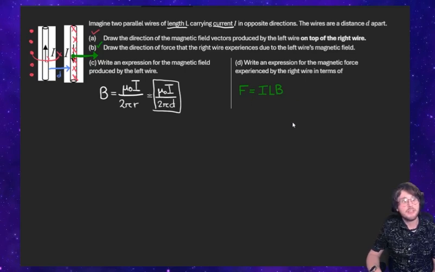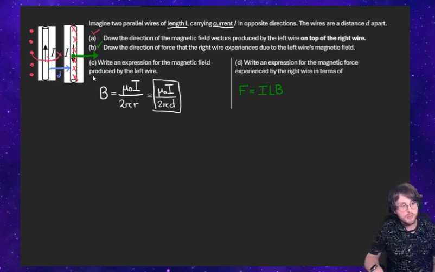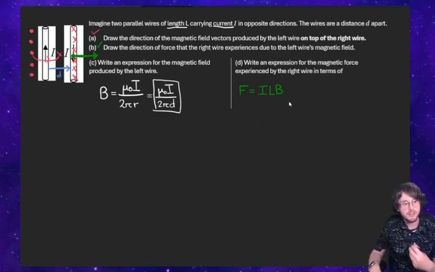Now, normally this equation is a cross product, but here, based on the vectors that are shown, all of these things are perpendicular to each other. So the cross product is going to be at its maximum value, when the sine of theta associated with that cross product is equal to 1. So ILB is what you can use if they're all perpendicular. Now, all we need to do is take the magnetic field expression that we got in the previous part and plug it into this equation.